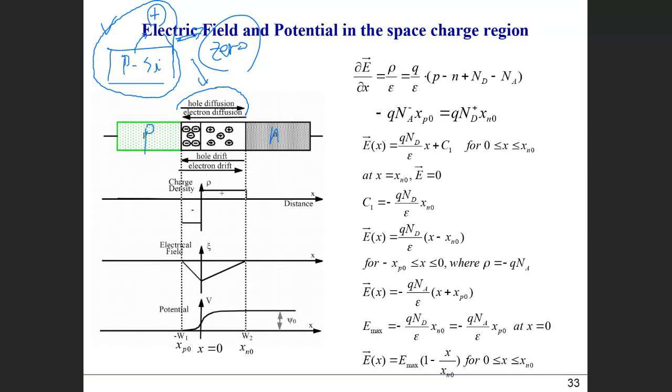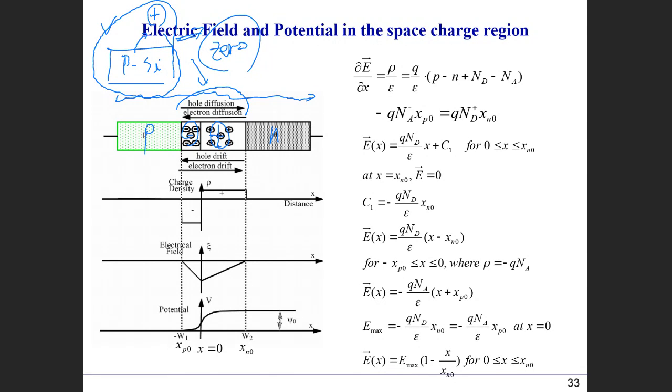On the P side, holes move to the N side, which leaves negative charge. On the N side, electrons move to the P side, which leaves positive charge. That kind of charge distribution you can actually see.